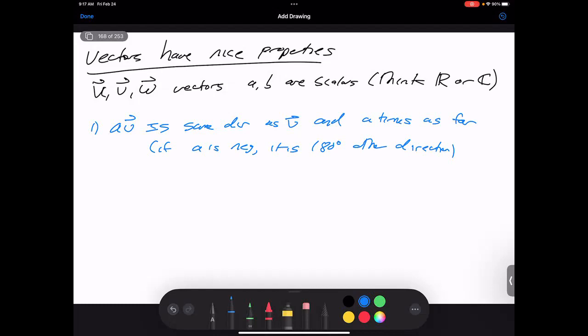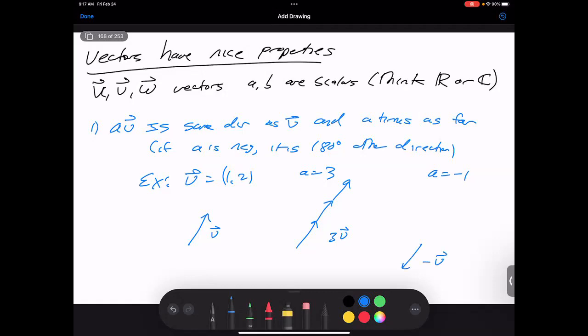So for example, if I take v to be (1, 2), here's v, and if I take a to be 3, here would be 3 times v. It's the same direction, but going 3 times as far. If I took a to be -1, here would be negative v. It's the same direction, but just flipped. Right? So this is the first natural thing we would hope to have.